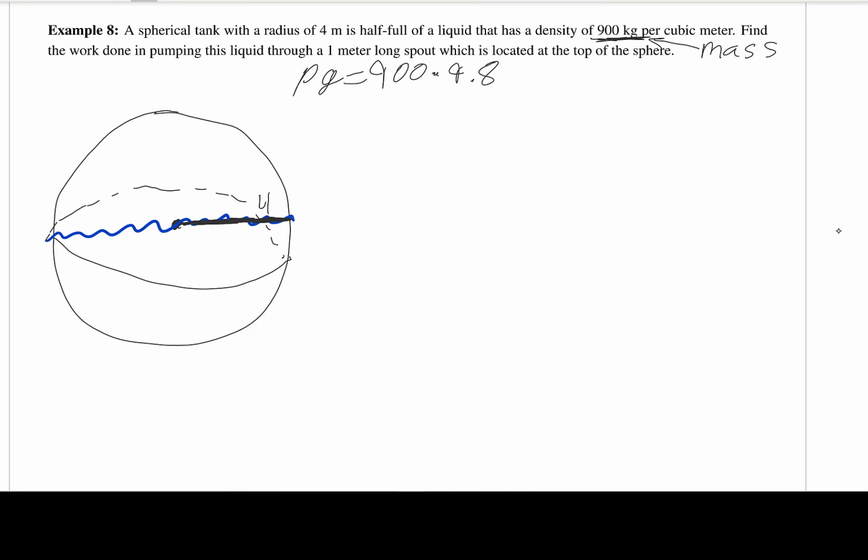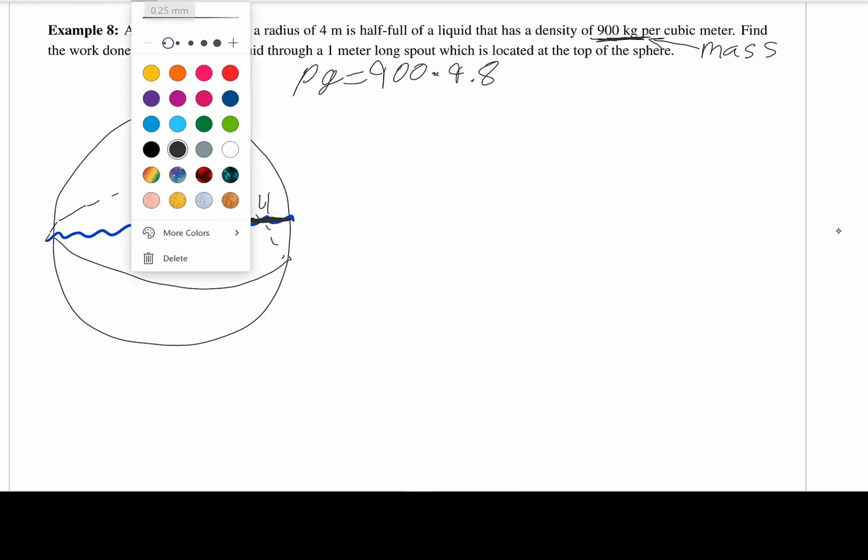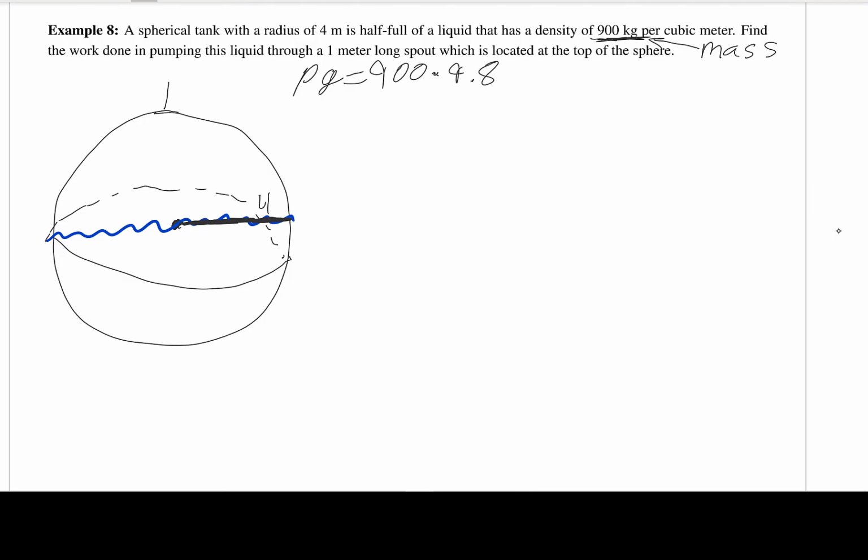Now, what we want to do is find the work done in pumping all of this liquid through a 1 meter long spout, which is located at the top of the sphere. So I'll draw my spout up at the top of the sphere, and this is going to be 1 meter long.